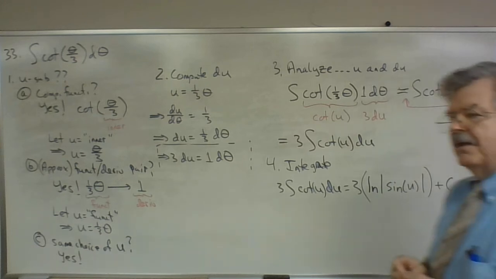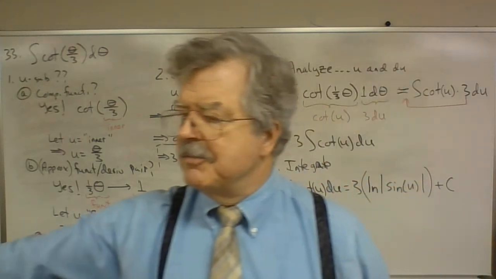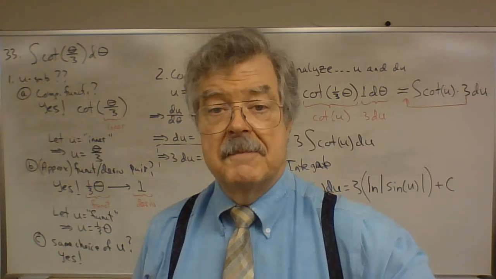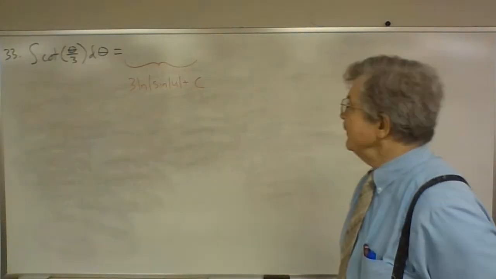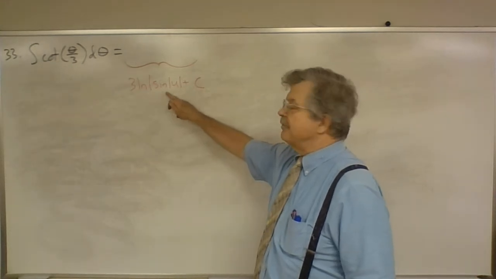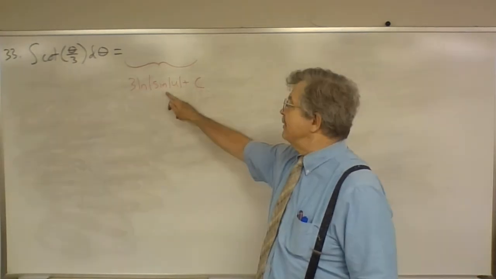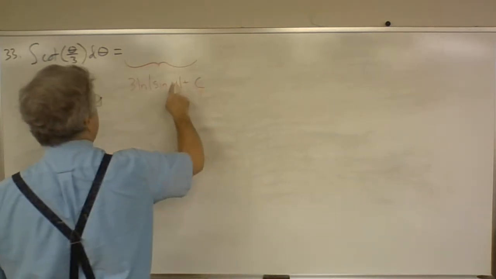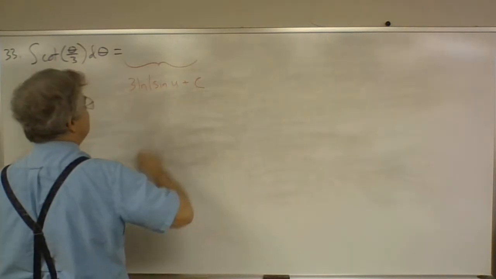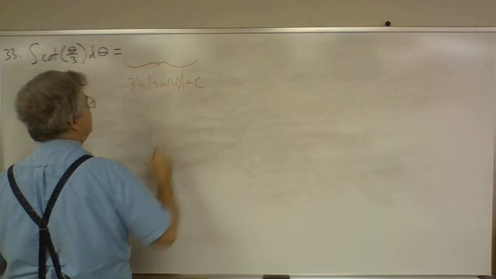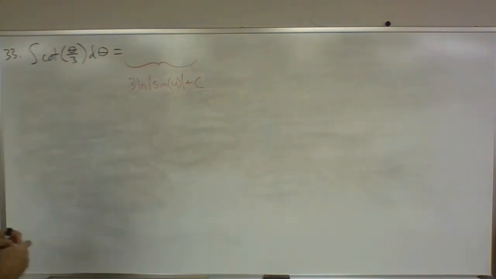Now, we have to rewrite it in terms of the original variable. Give me a second to erase some of the board. In terms of u, our answer is 3 natural log of sine of u plus c. We just have to rewrite it in terms of theta.